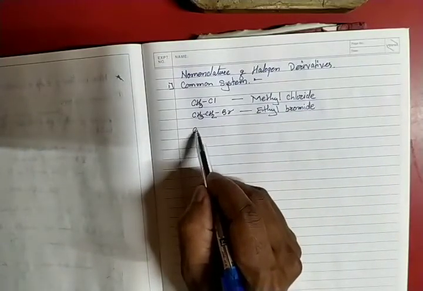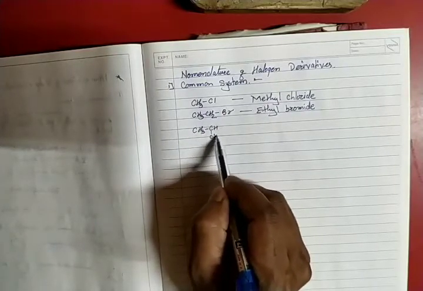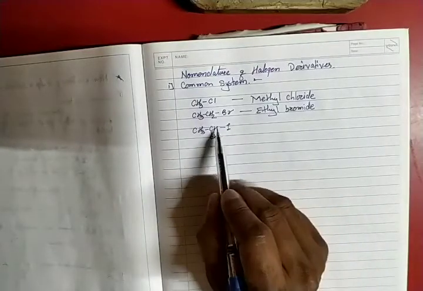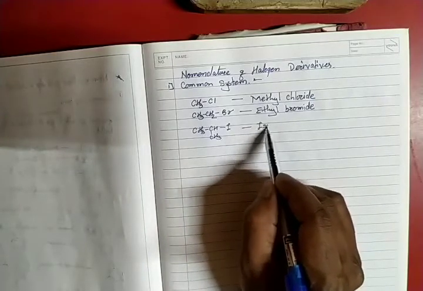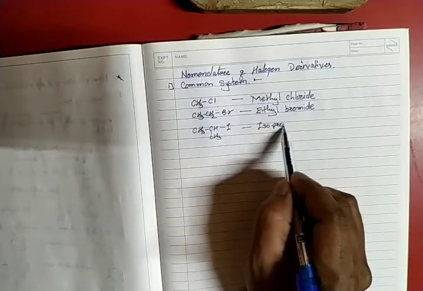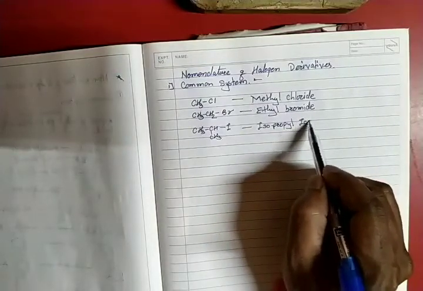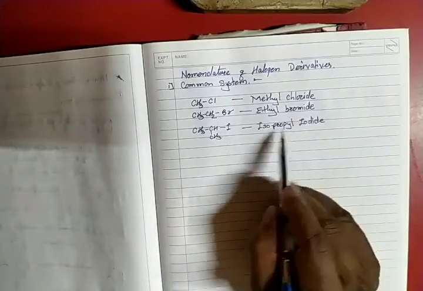One next example is CH3CHICH3. Here the alkyl group is isopropyl and the halogen atom is iodine, so isopropyl iodide.